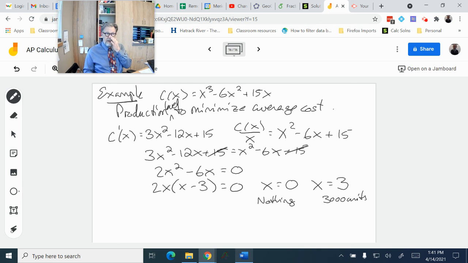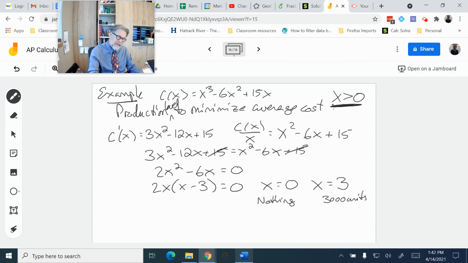Well, if I'm not producing anything, I don't have a business. What this tells me, if I really go back and think about this, is that this problem doesn't make sense unless x is greater than 0. It is a pointless problem if I'm not producing.